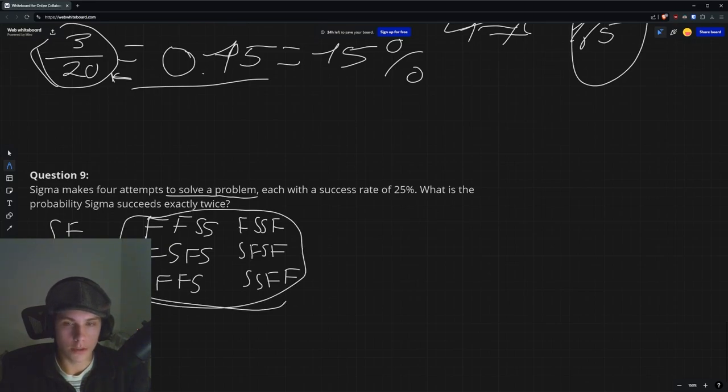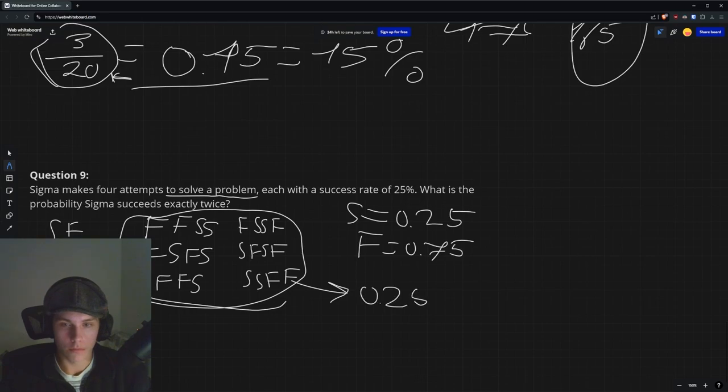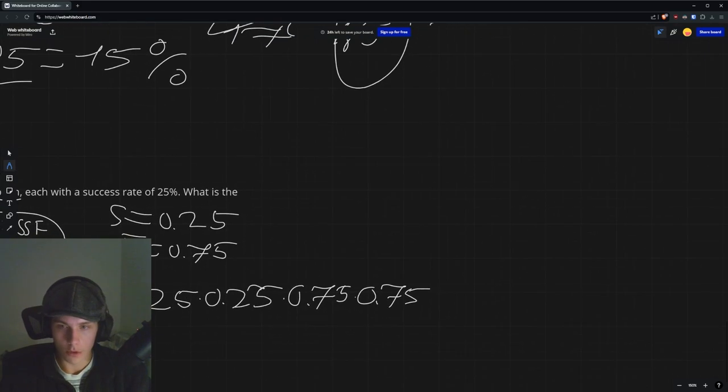25% rate for success. That means fail is 0.75. So what we'll do is we'll calculate for one of those. So it's 0.25 times 0.25 times 0.75 times 0.75, which gives us a chance of 0.035 something.